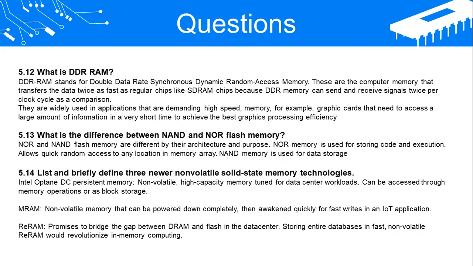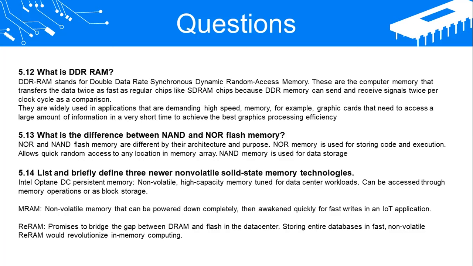The next, probably the last, is to list and briefly define three newer non-volatile solid-state memory technologies. The three are Intel Optane DC persistent memory, which is non-volatile high-capacity memory tuned for data center workloads and can be accessed through memory operations or as block storage.